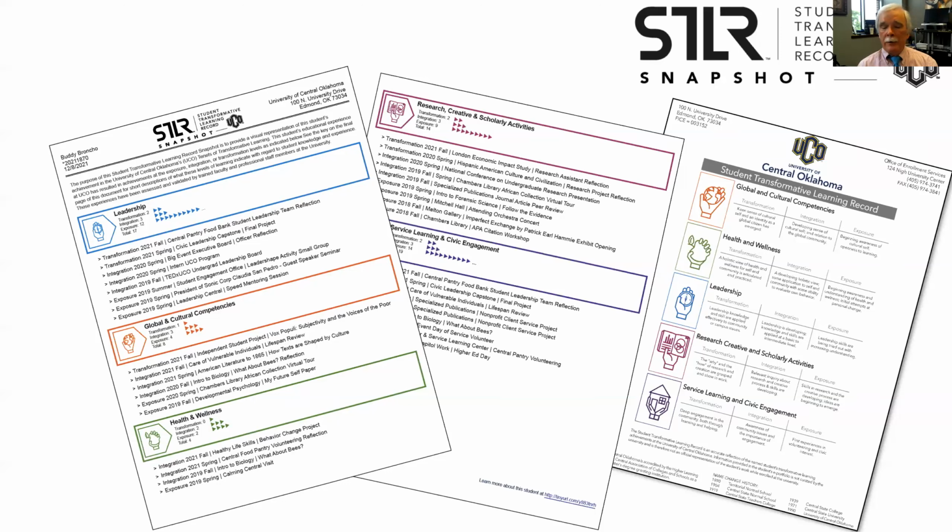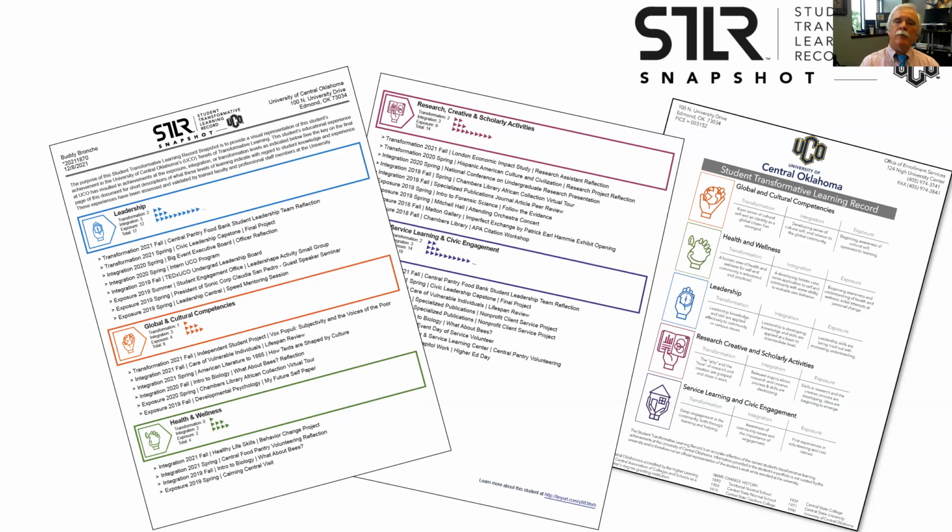And so in this front page, which shows leadership at the top, you'll see some arrowheads that represent the various levels of achievement. So the bottom one is named exposure, and there's a lot of arrowheads there, as you might guess.